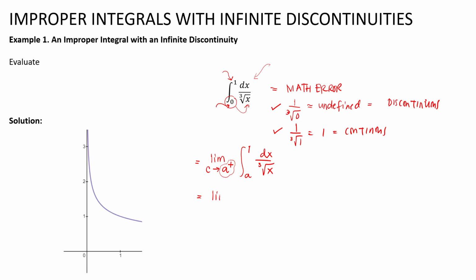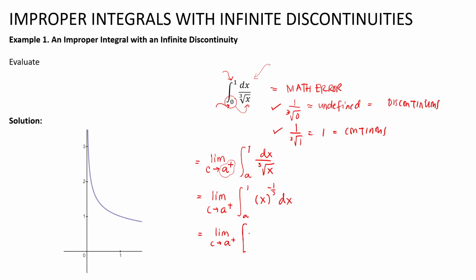So let's try to evaluate the integral. This gives us x to the power of negative 1/3 dx, and then the limit as c approaches the right-hand side of a, a plus.